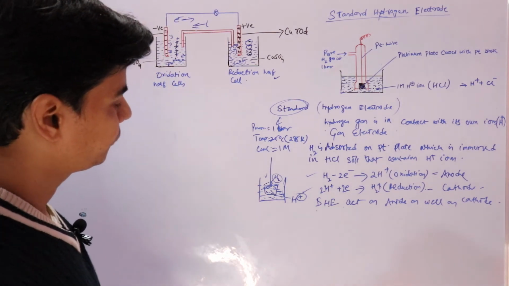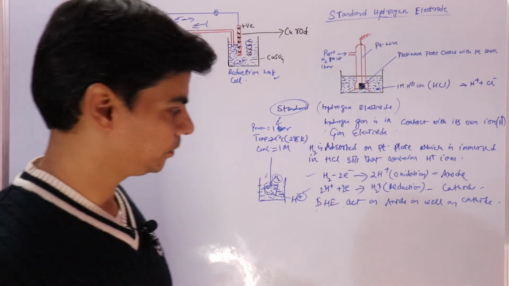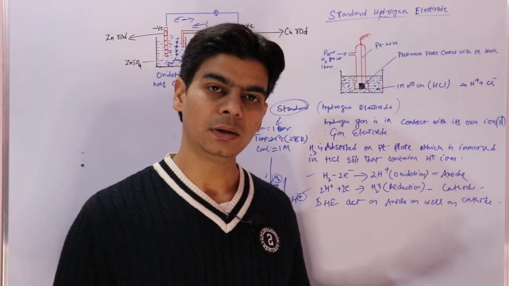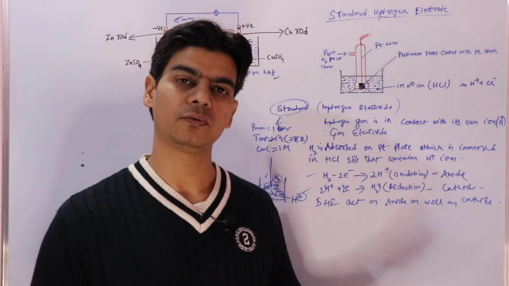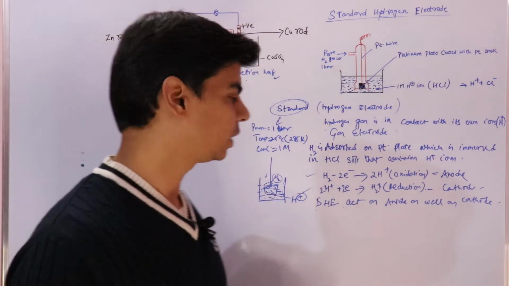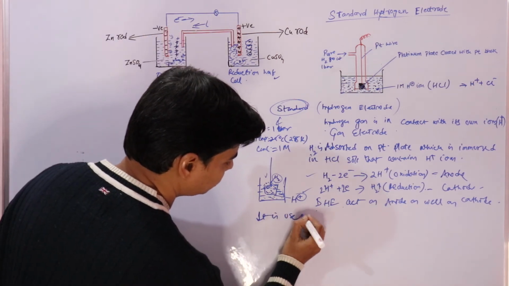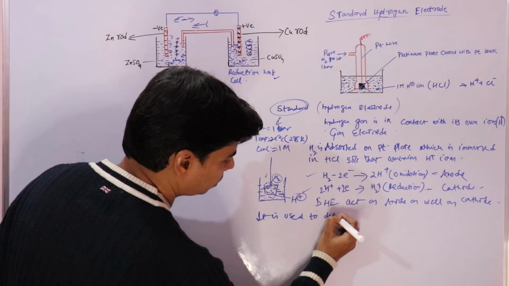The most important use of the standard hydrogen electrode is to determine the electrode potential of other electrodes, right?